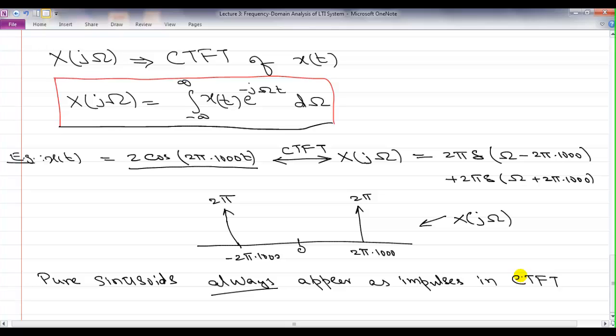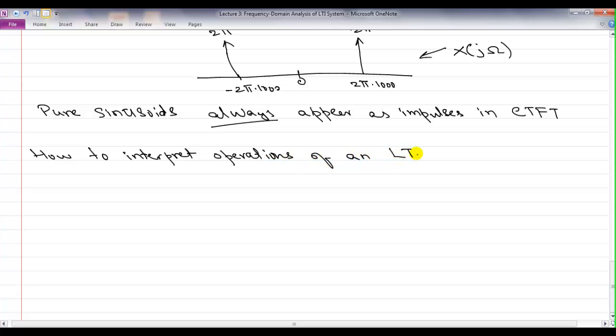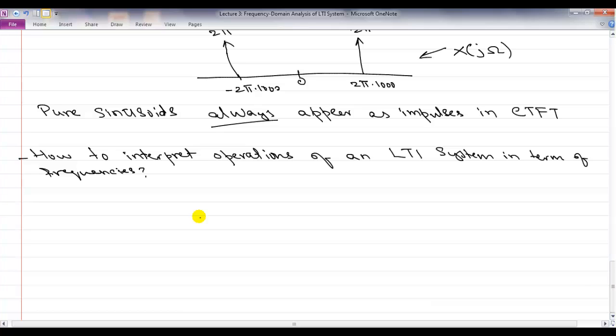Now what we need to understand next is how to interpret the operations of an LTI system in terms of frequencies. We understand signals.